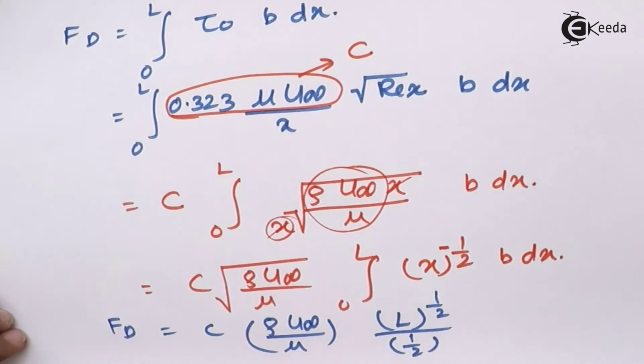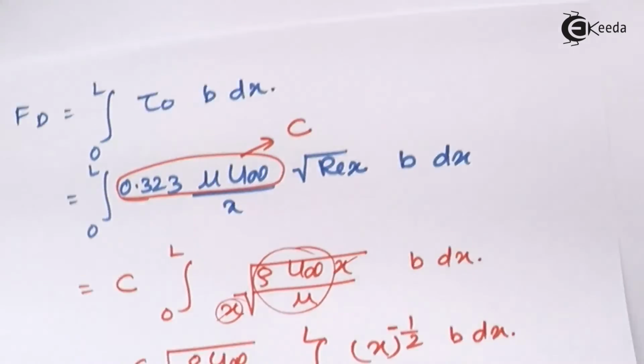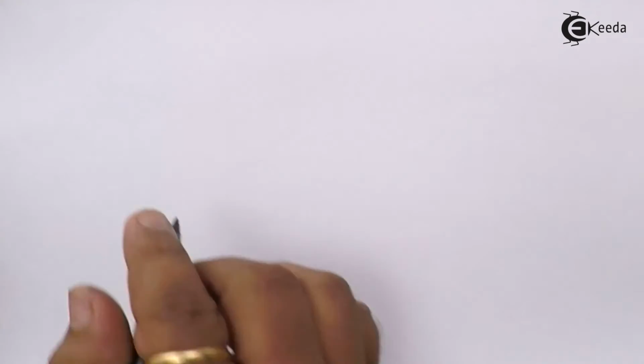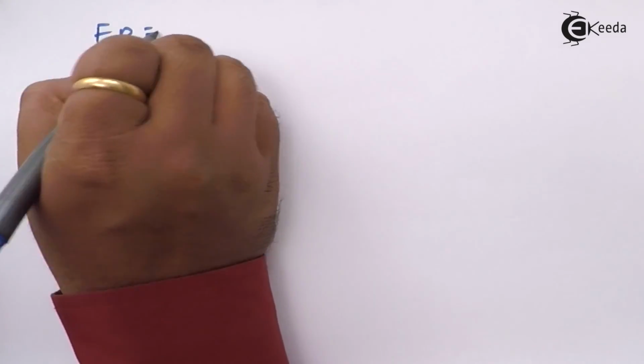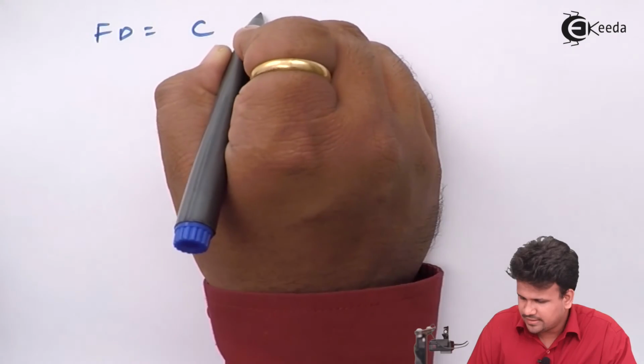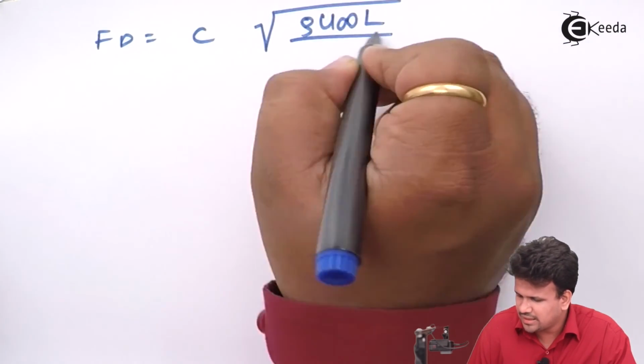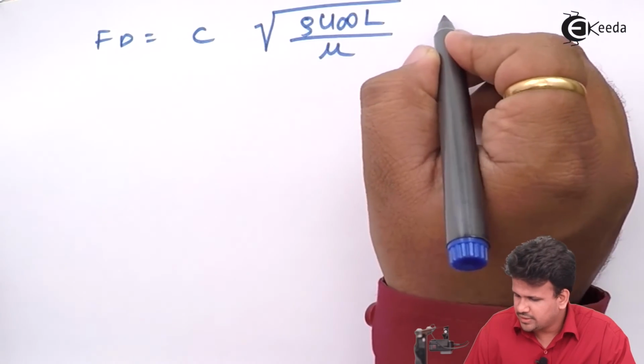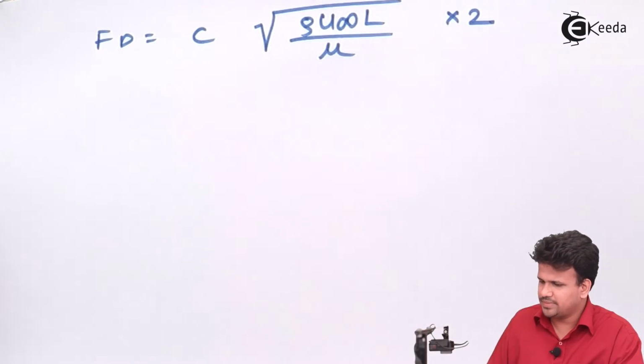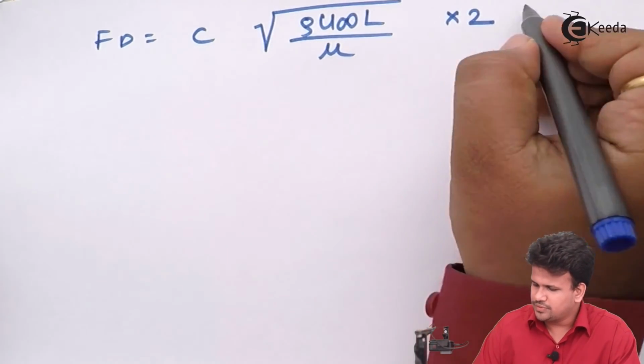Now if we put back in this equation, we'll get Fd equal to C into square root of rho u infinity L upon mu into 2, this will be the value, into b.